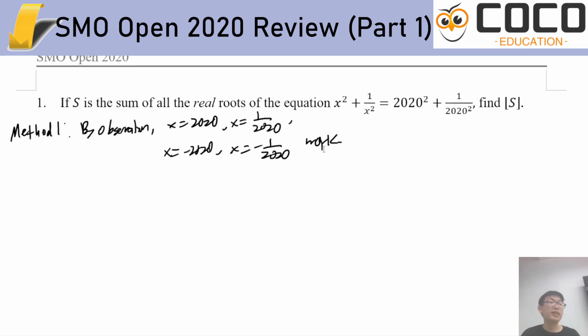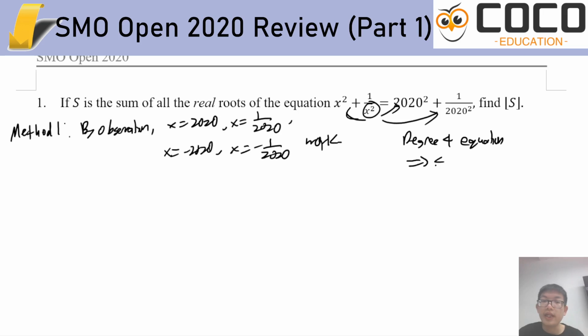and that's actually it. We know that's it because if I were to multiply by x squared to everything, you will get a degree 4 equation, which means that there are at most 4 real roots anyway.